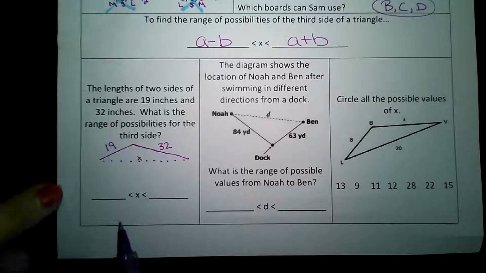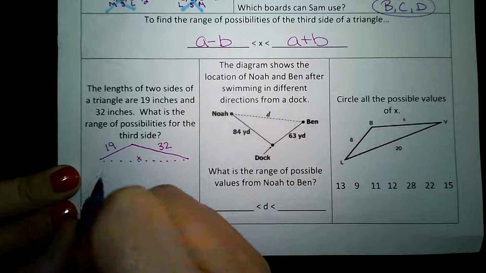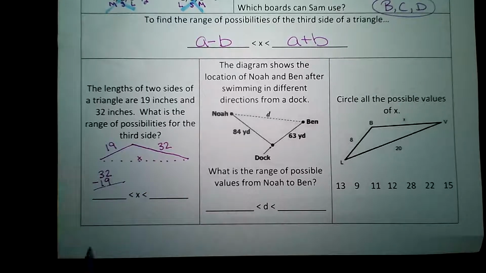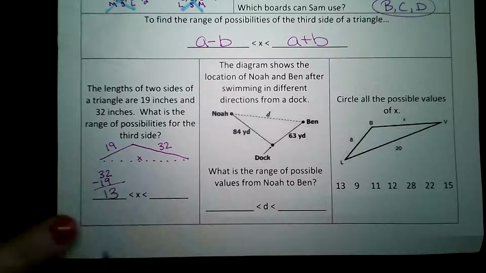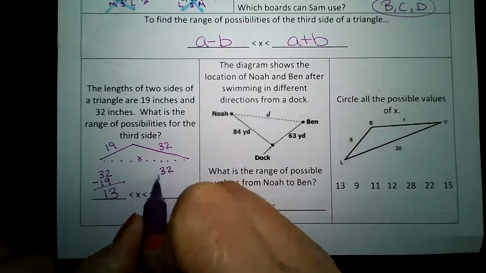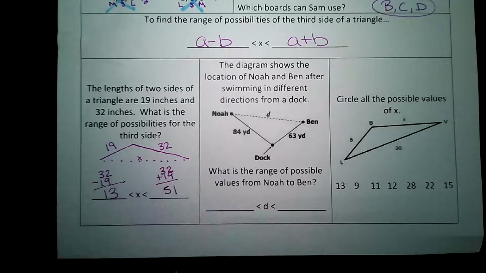All right, well, the easy way is on the short end, subtract 32 take away 19, leaves us with 13. To find the upper end, we add 32 plus 19, leaves us with 51.